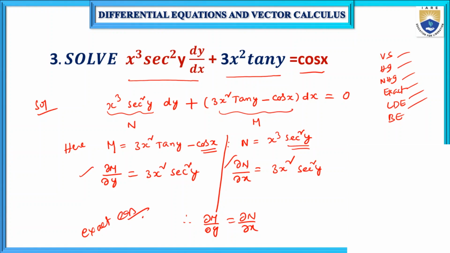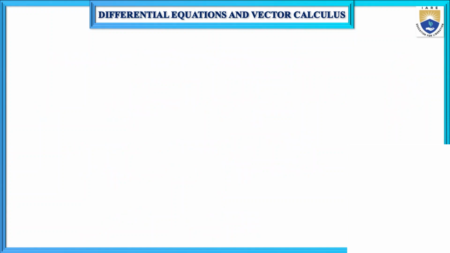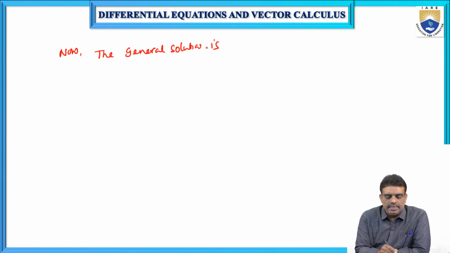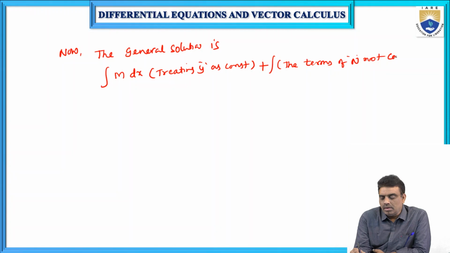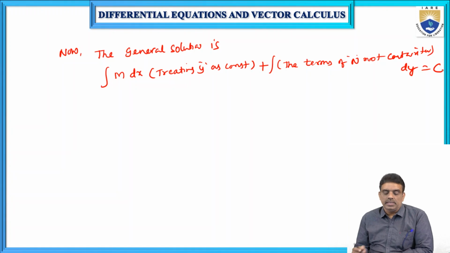If the equation is exact, we can write the solution easily. Now, the general solution is the integral of M dx treating y as constant, plus the integral of the terms of N not containing x, into dy, is equal to c.